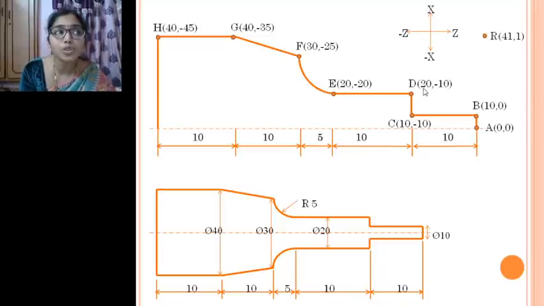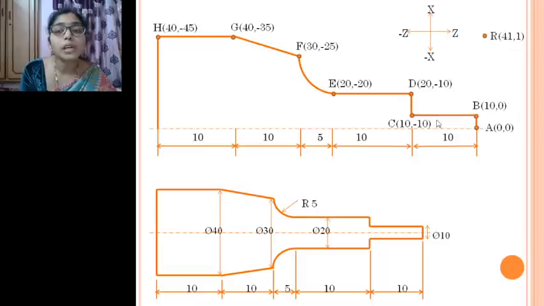Only 10 it has to move. This is incremental mode. Since 10 has already been attained, from this point it has to move only 10 more. This is my reference. 10, 0 is my reference in the incremental mode, so from here it has to move only 10, 0.